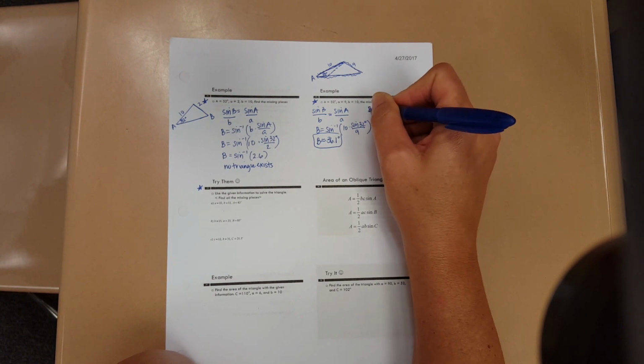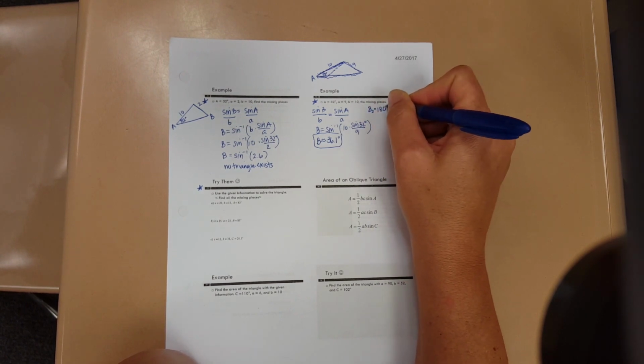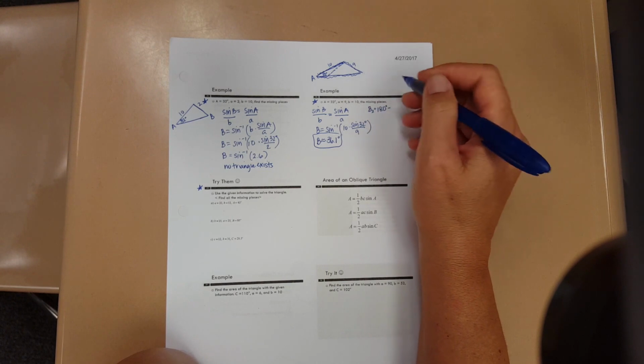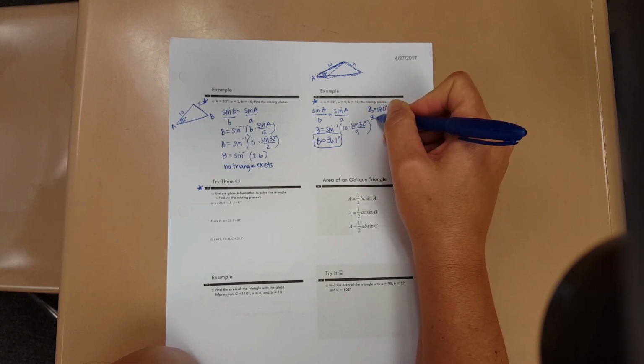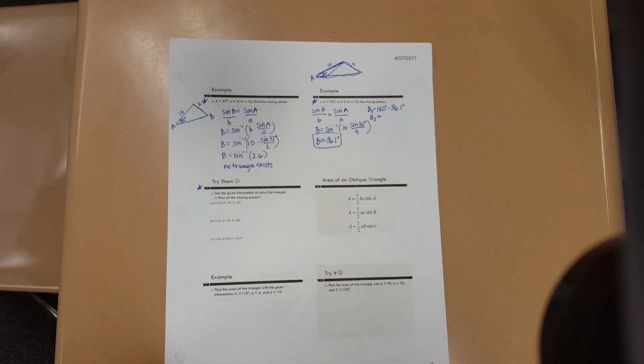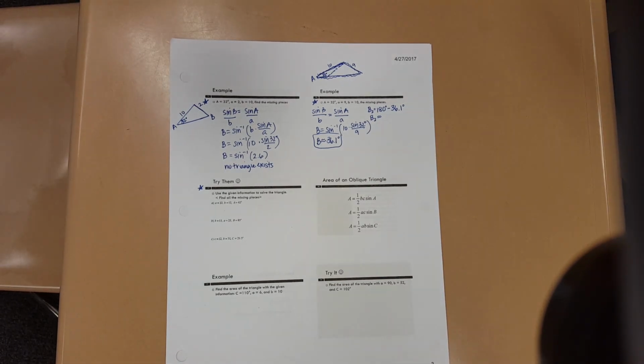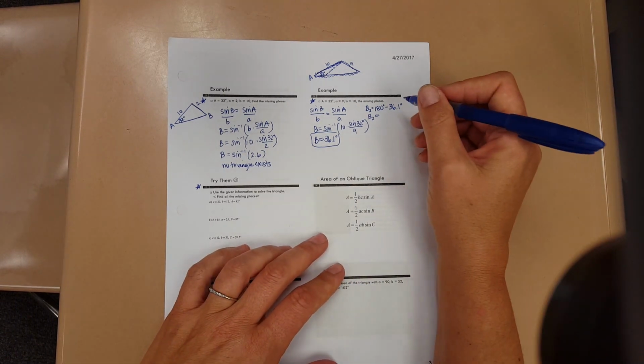This would be B sub 2 if it exists. 180 minus 36.1. So B sub 2 would be approximately 143.9.